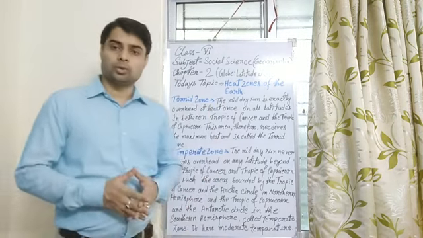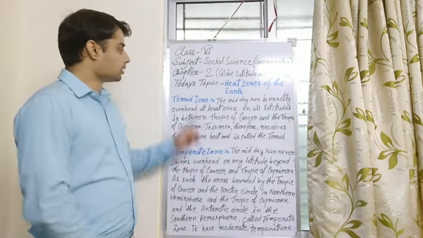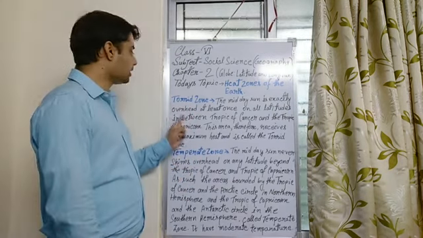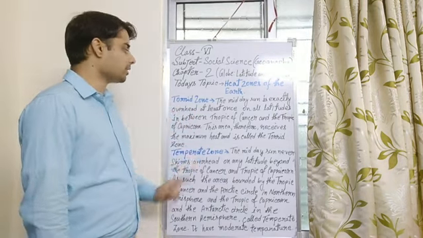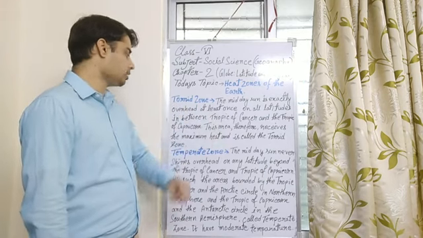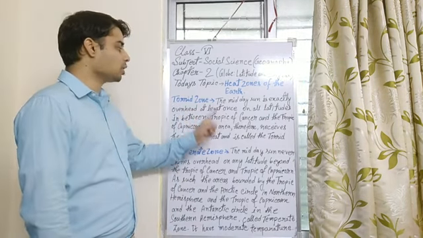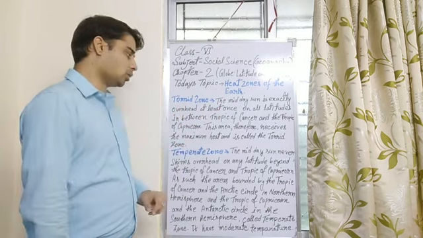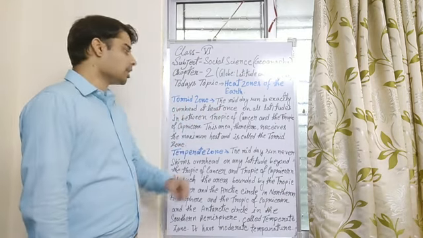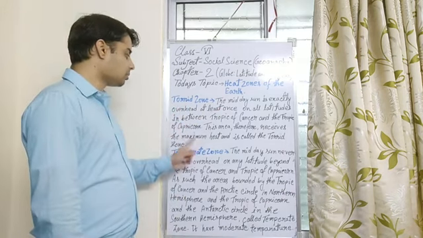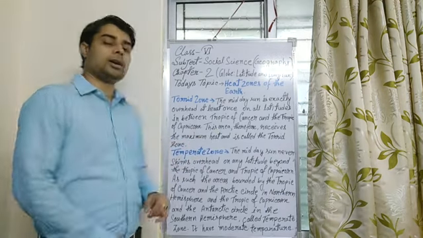First one, torrid zone. So what is the torrid zone? It is the area where the midday sun is exactly overhead at least once on all the latitudes, in between the Tropic of Cancer and the Tropic of Capricorn. This area therefore receives the maximum heat and is called the torrid zone.